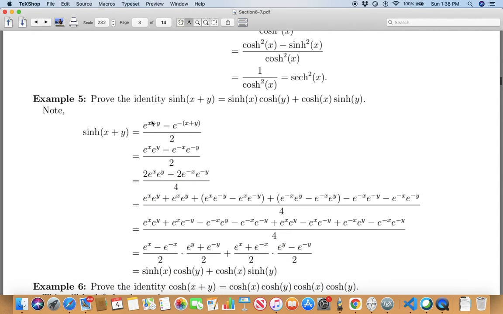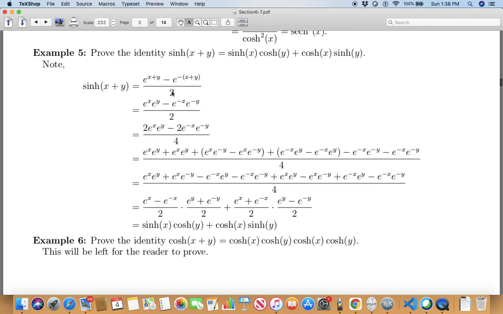Fifth identity: prove the identity for sine hyperbolic of x plus y. Sine hyperbolic of x plus y is e raised to x plus y minus e raised to negative of x plus y, divided by 2. Split this: e raised to x times e raised to y, minus e raised to negative x times e raised to negative y, over 2. Multiply numerator and denominator by 2.